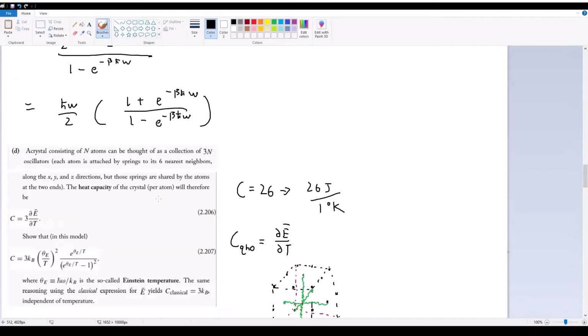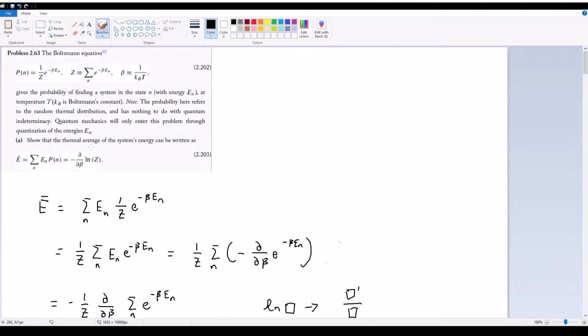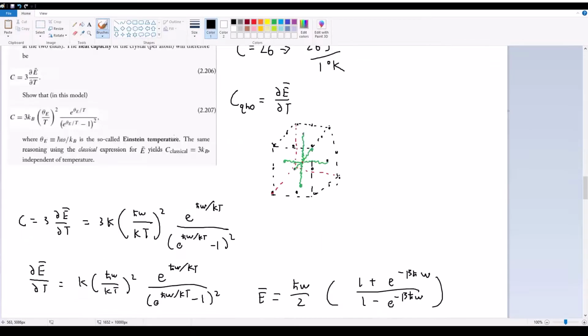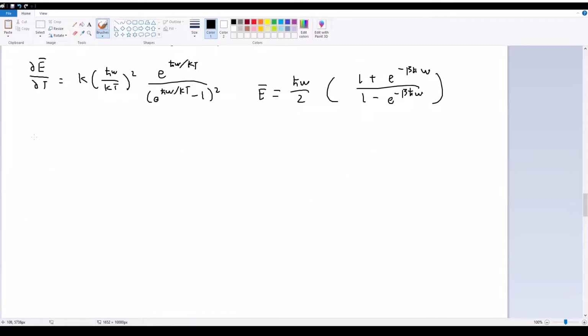We have the definition from way back up here that beta is equal to 1 over kT. So if we write this out that way, we get E is equal to h bar omega over 2 times 1 plus e to the negative h bar omega over kT, divided by 1 minus e to the negative h bar omega over kT, like that.